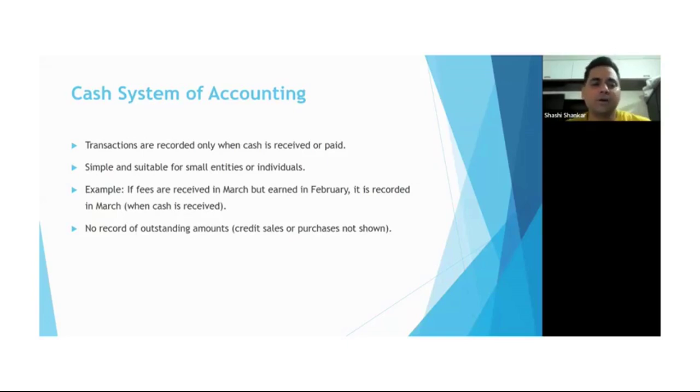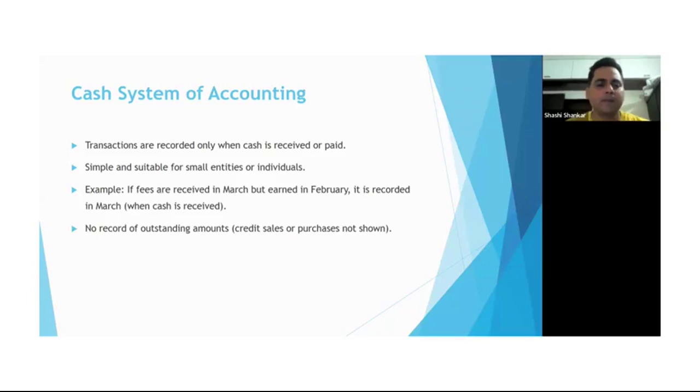So in short, no record of outstanding amounts, right? It could be credit sales, or credit purchases, and they should not be recorded in the books of accounts. So no record of outstanding amounts, especially if the cash system of accounting is used. I hope it is clear to all.